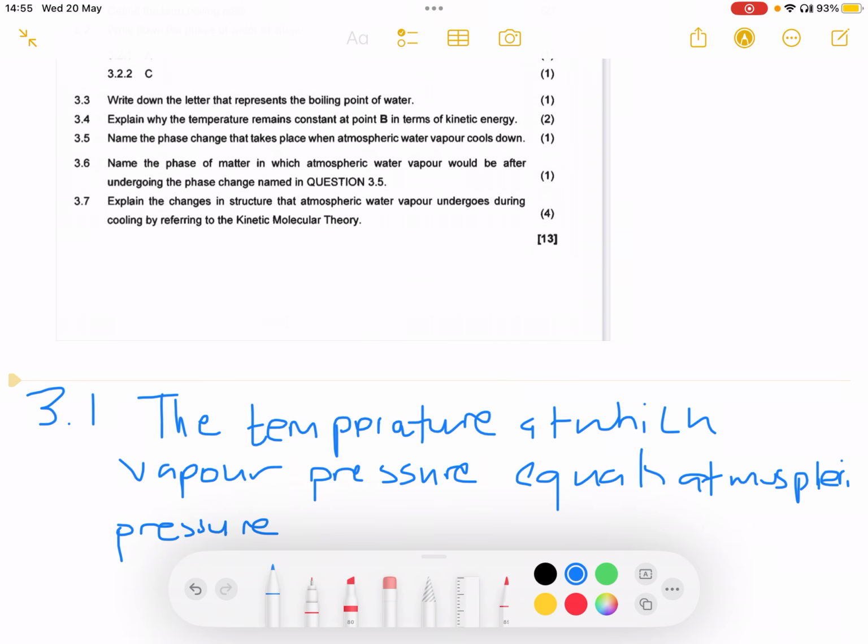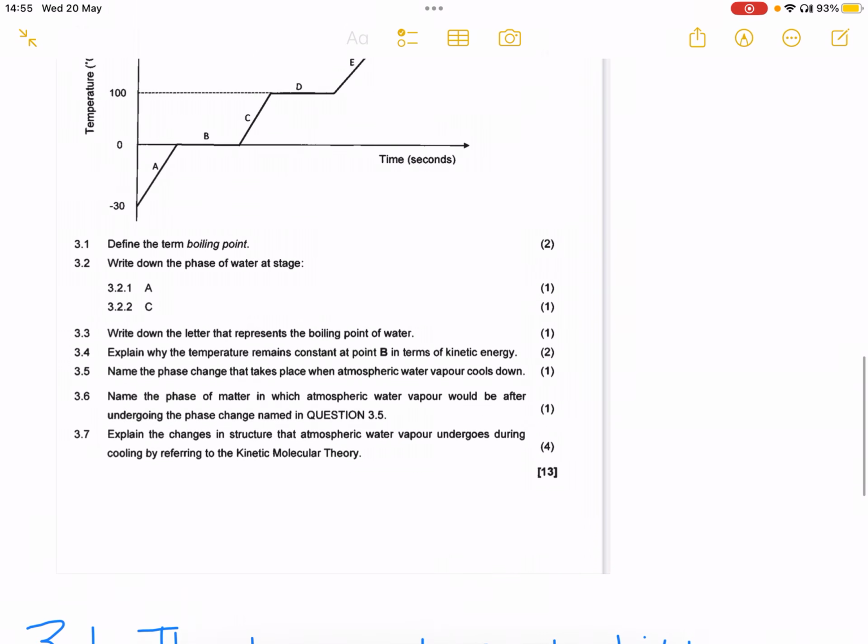So boiling point, the temperature at which vapor pressure equals atmospheric pressure. You get that from the exam guideline, and if you don't have the exam guideline, maybe from your educators, just send a comment, then we can simply add it to the description as well.